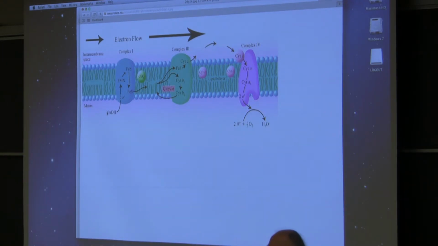Now I'm going to tell you what's going to happen, although I'll show you what happens later. When we get to the process of oxidative phosphorylation, we get to something that people call the P to O ratio, which you don't really need to know. I'm not going to ask you about that. But the P to O ratio tells you how many ATPs you make per pair of electrons. If you get a pair of electrons that start with NADH, you get about 3 ATPs.